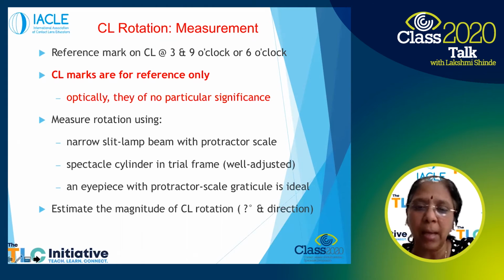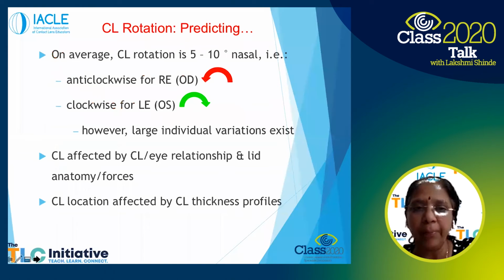That has to be really drilled into the student's mind, because they often get confused, saying that the scribe marks have to be only in this position, and if it's in any other position, you cannot prescribe toric lenses. So that differentiation between practice and the student should always be emphasized, and they should learn exactly the right way of assessing a toric lens fitting.